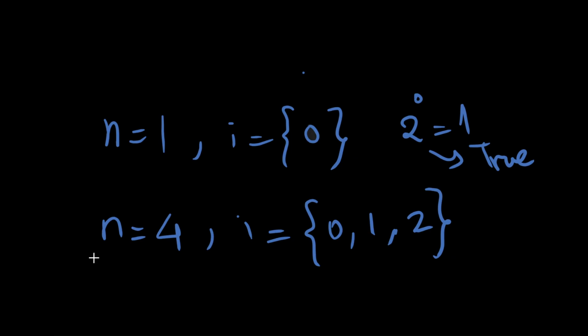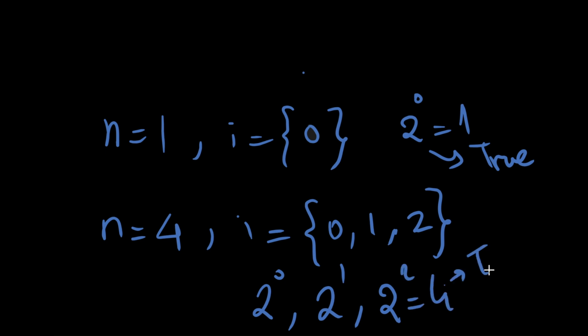And for the case where n equal to 4, we will be looping through these three numbers. 2 to the power 0 is 1. Is it equal to n? No. 2 to the power 1 is 2. No, it's not equal to n. And the last one, 2 to the power 2, is equal to 4. So that means here we return true.